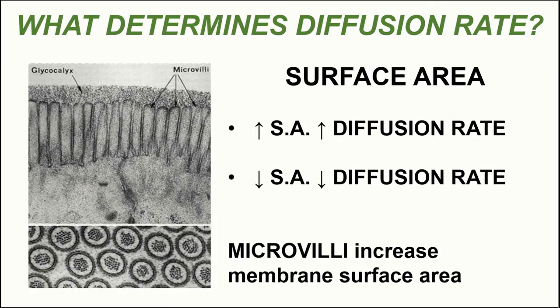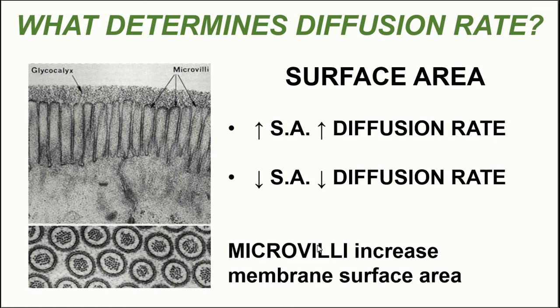Another thing that determines diffusion rate is surface area. And so surface area plays a huge role in diffusion rate. If a membrane has a high surface area, or high SA here, the diffusion rate will also occur at a high rate. Whereas a lower surface area will result in a lower rate of diffusion. And this is why we see microvilli in places where diffusion and absorption are particularly important.